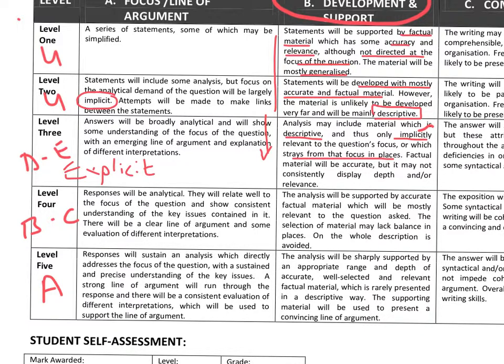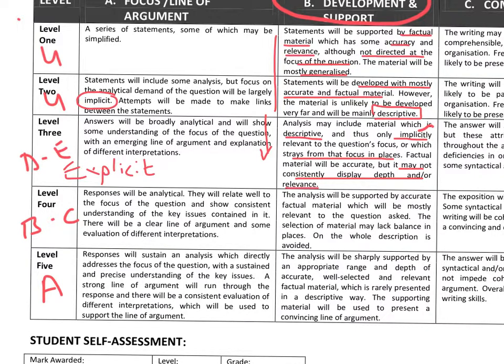The factual material will be accurate, but it may not consistently display relevance, but there will be some relevance. So once you start making it relevant, you start to access grades D to E. But generally speaking, for the lower grades, the description still tends to be dominant, which is the point I wanted to make there.